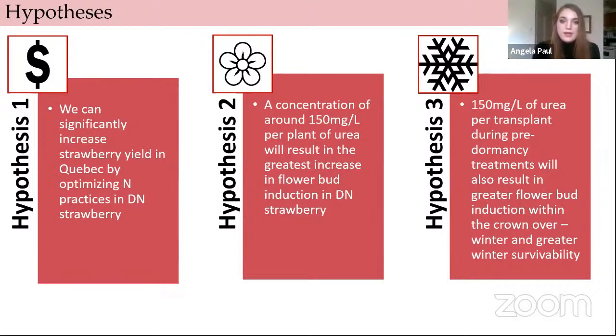Secondly, I believe that a high concentration of urea, about 150 milligrams per liter per plant, will result in the greatest increase in flower bud induction within day-neutral strawberry. Similarly, I believe in my second experiment that a similar treatment of 150 milligrams per liter of urea would have the same results and would produce more flower buds within the plant leading up to dormancy and then through dormancy in the winter.